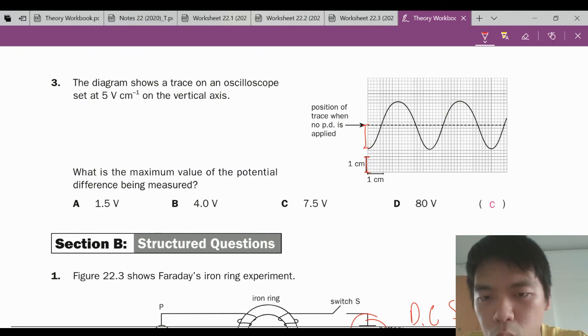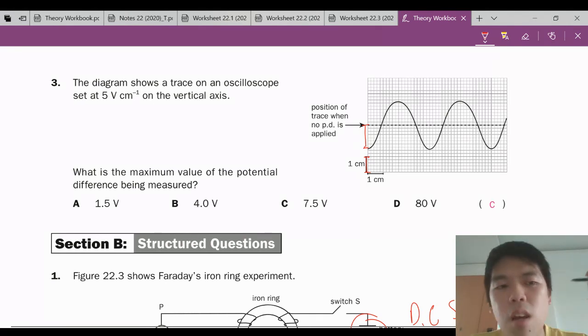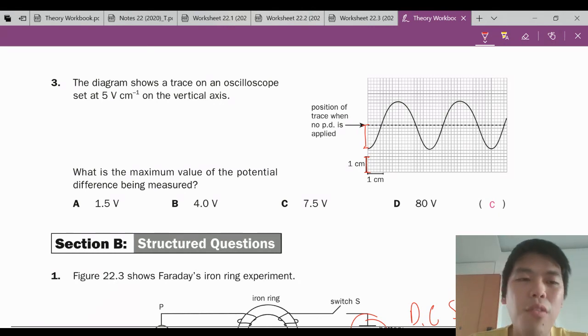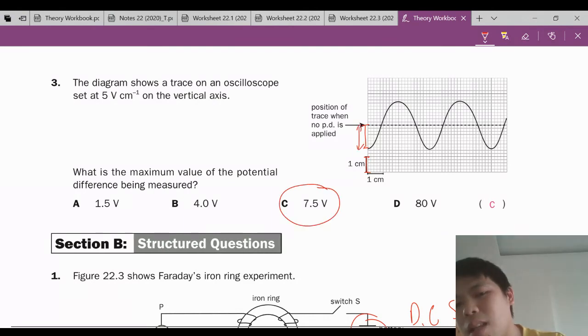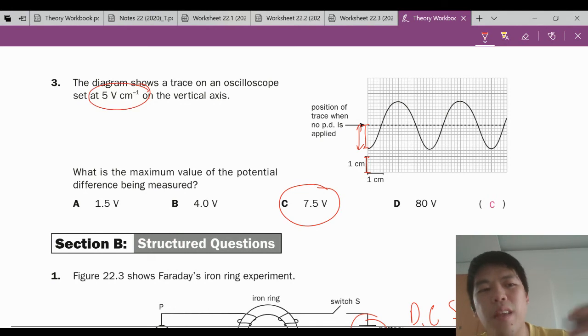Then 1, 2, 3, 4, 5, 6, 7, 7.5. So it's about 7.5 boxes, which is about 1.5 cm. So if it is 1.5 cm, it means it's 1.5 of 5 volts, that will be around 7.5. So we are just measuring the divisions, and then we find the value based on 5 volts per centimeter. Okay, so the answer is C.